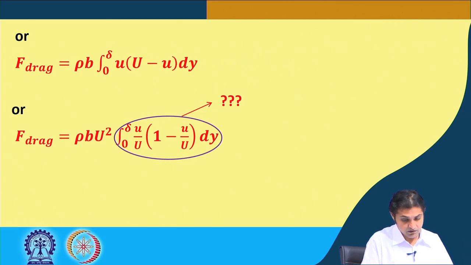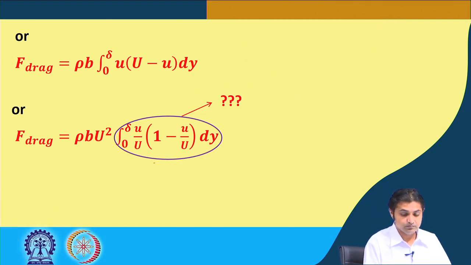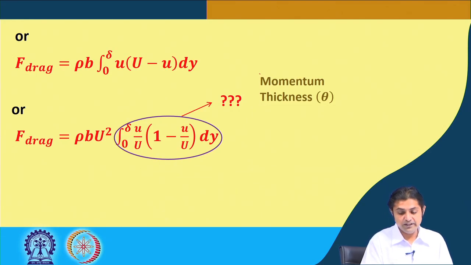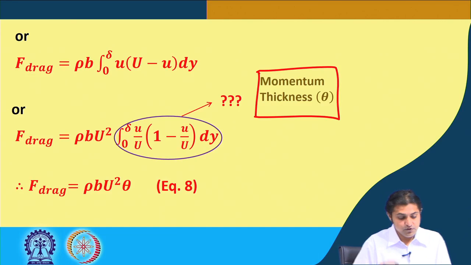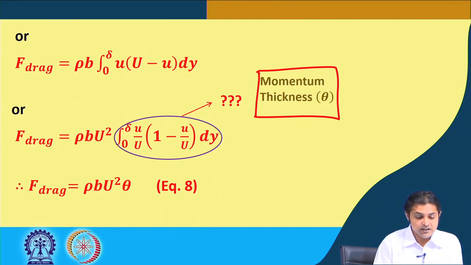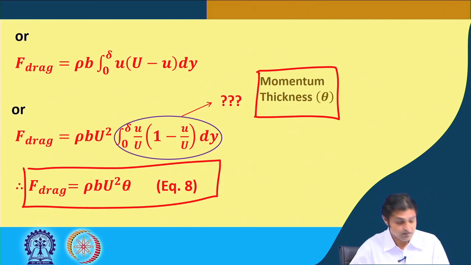So now what is this? You remember? This is the momentum thickness theta. Remember from our last lecture? So F drag can simply be written as rho b capital U square theta, where rho is the density, b is the width of the plate, capital U is the free stream velocity, and theta is the momentum thickness.